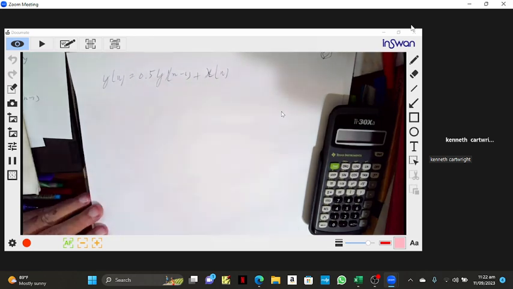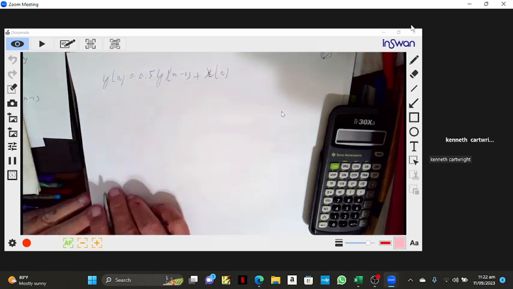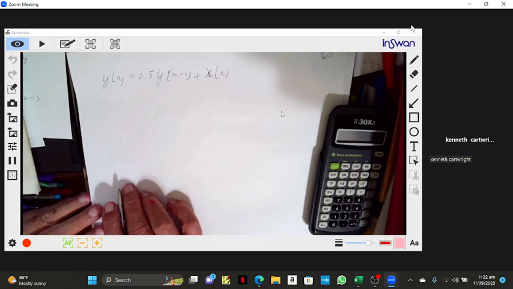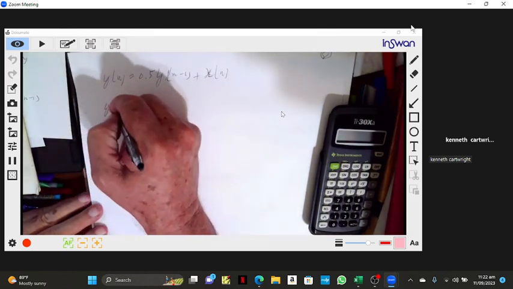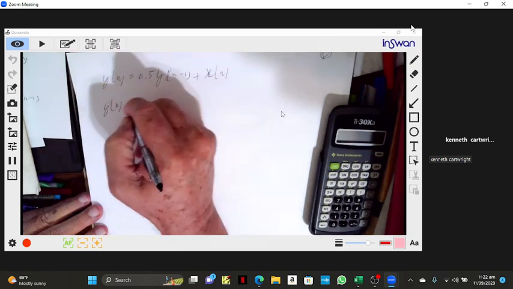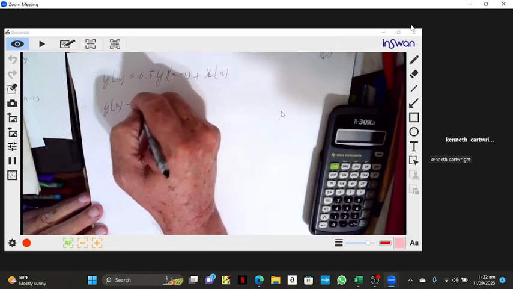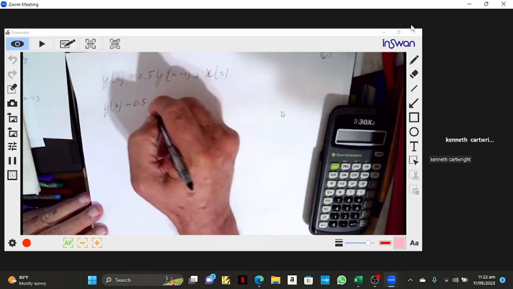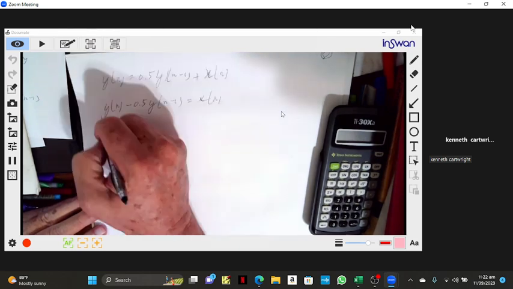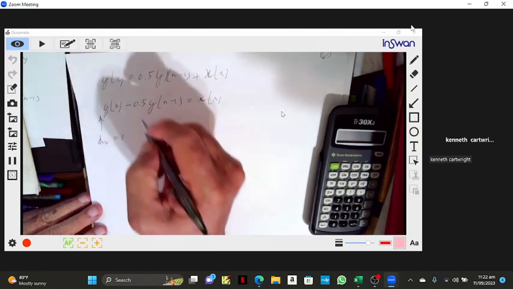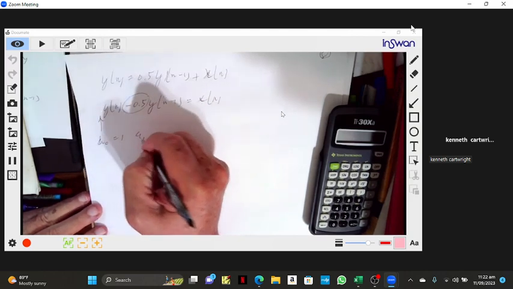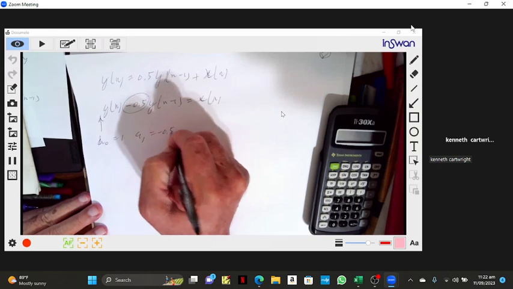So part A of this question says, identify the coefficients A and B. Well, you need to get all the y's on one side. It is clear A0 is 1. It is clear A1 is negative 0.5.